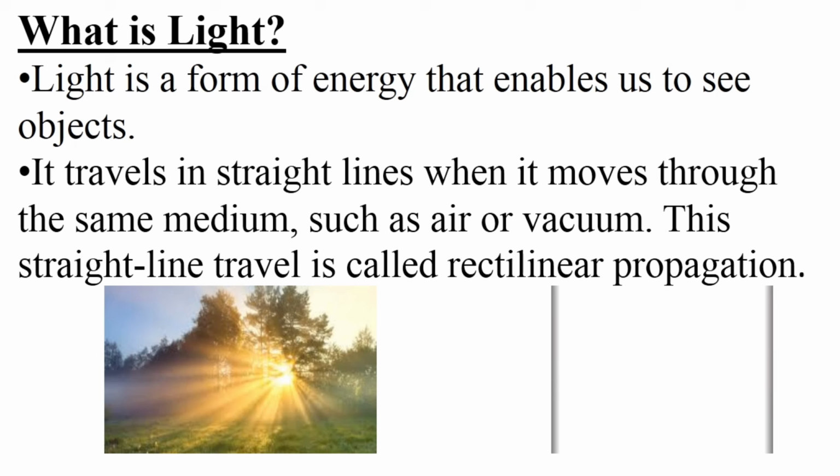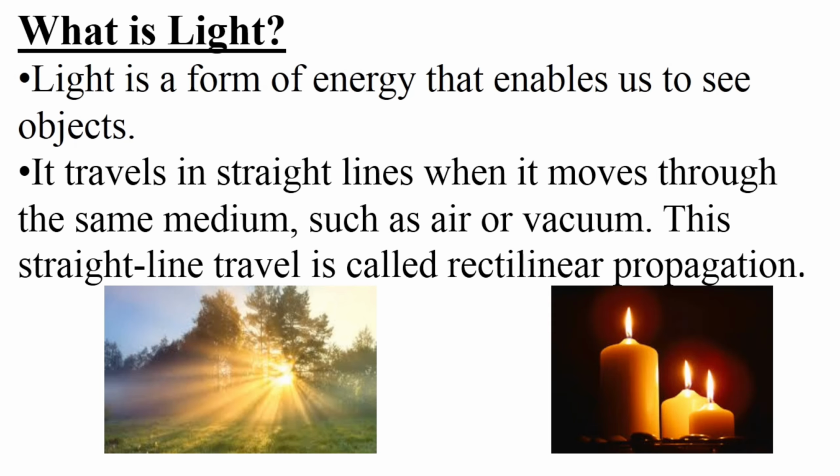You can see the images, that is a glowing bulb or candle, the sunlight. So remember, light is energy. It helps us see and it moves in a straight line through the same medium.